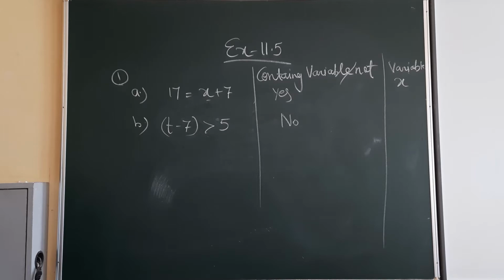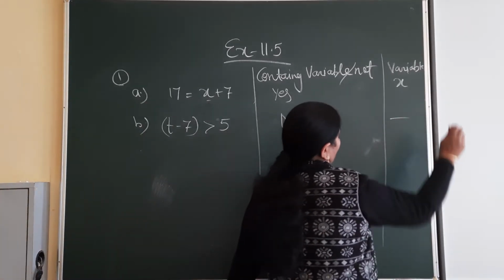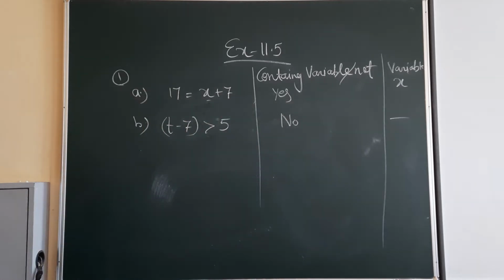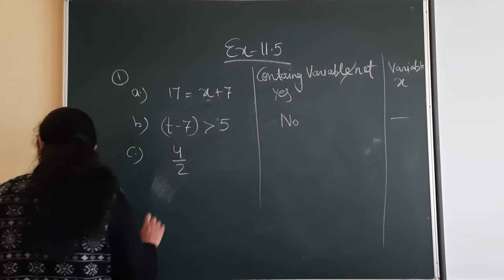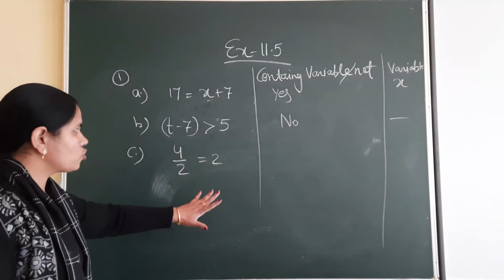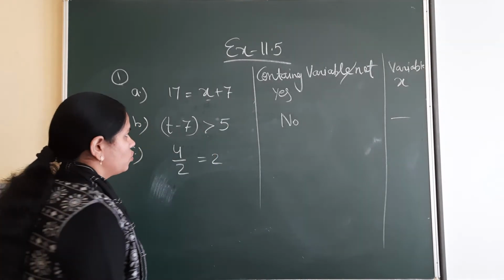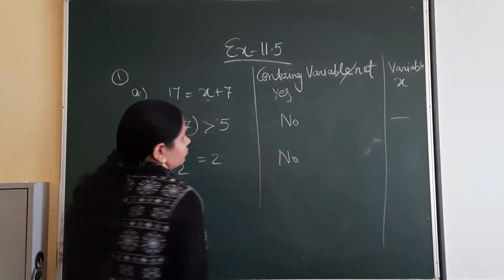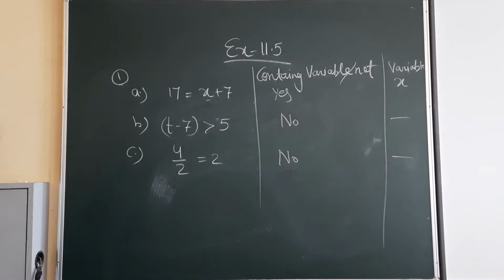Next is, and then this is not the equation, keep it blank. Now C, C is given 4 by 2 is equal to 2. So this is equation, till here it is true, this is equation, but this equation is not containing any variable. So write here no, and then blank this side, because it is not containing any variable.